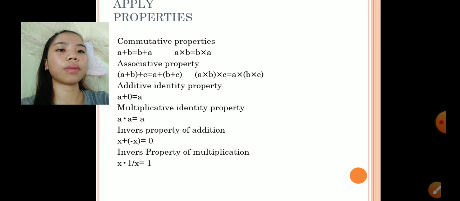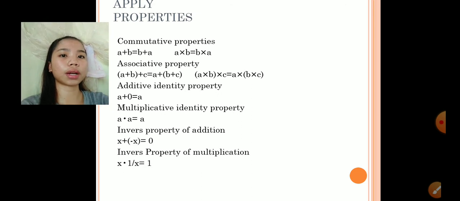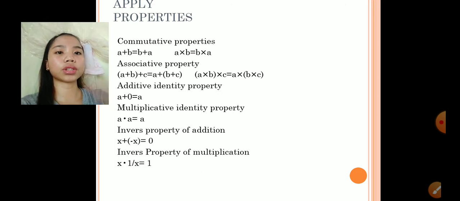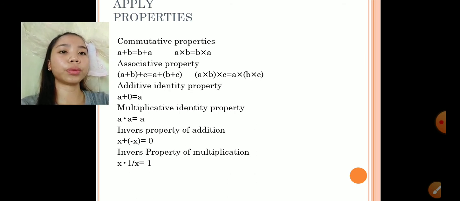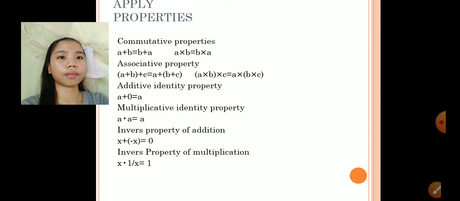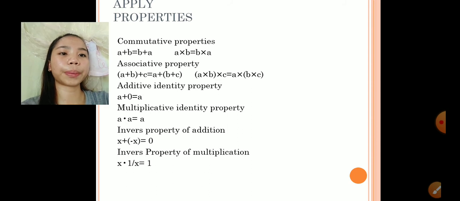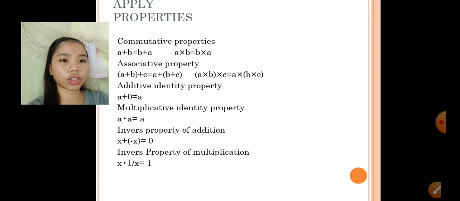So, in commutative property, no matter how you rearrange it, the answer is still the same. Next are the associative property, additive identity property, multiplicative identity property, inverse property of addition, and inverse property of multiplication.